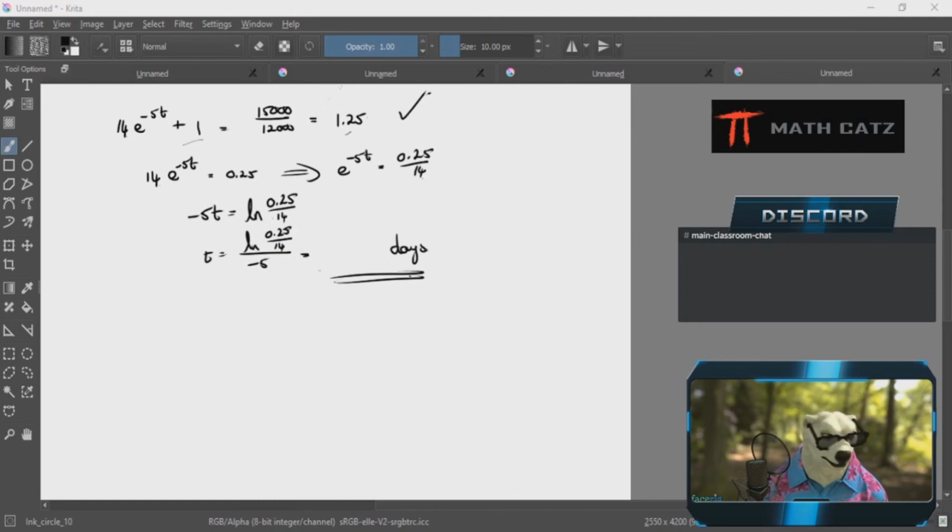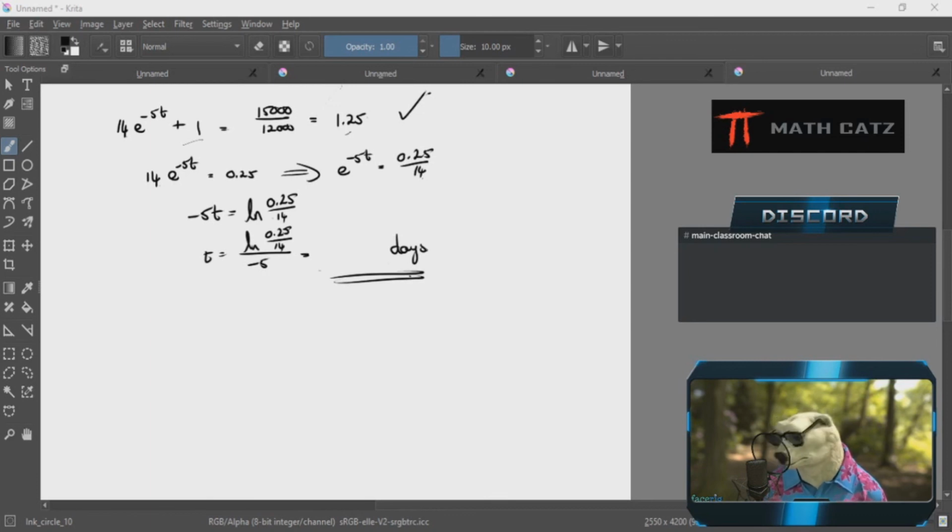Natural log of 0.25 divided by 14. And we're dividing all of that by negative 5. I think I'll just redo it. Sometimes MathBot doesn't like me to go back and edit previously typed in stuff.